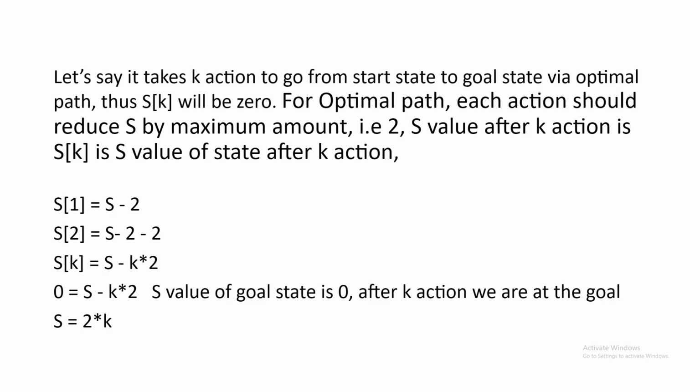In k actions we will reduce it by 2 times k, so Sk is equal to S minus 2 times k. Since Sk is 0, because we are already at the goal state and the goal state has an S value of 0, 0 equals S minus 2 times k. Adding 2 times k on both sides of the equation, we get S is equal to 2 times k.